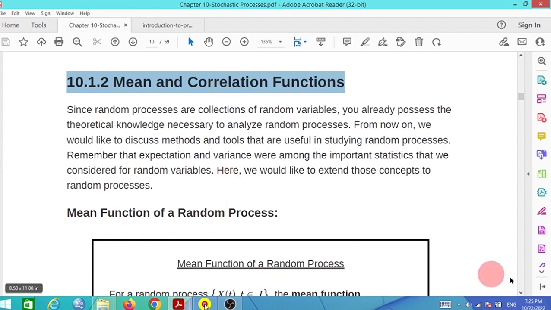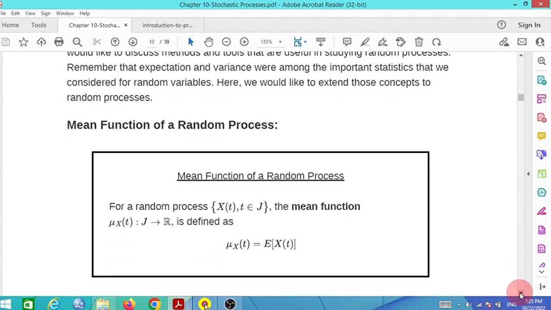So, for the definition of the mean of a random variable, see these sentences. For a random variable X of t, the mean function, denoted by mu index x of t, is a function from the space of time t to a real value, and defined by this.